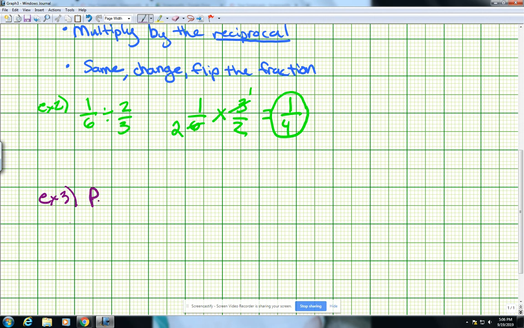So let's take out the information we have. We have a piece of wood. That's the word piece, by the way. That looks awful. We have a piece of wood, and it's 3 feet long.